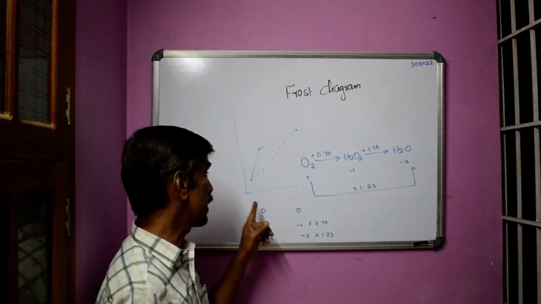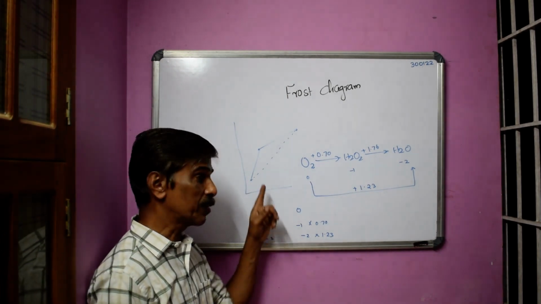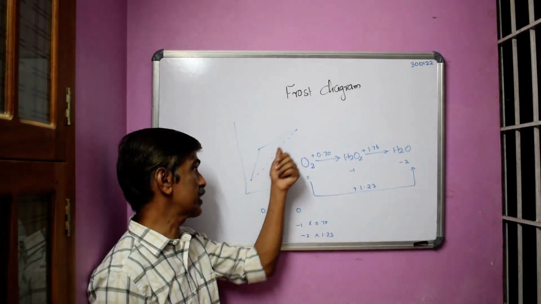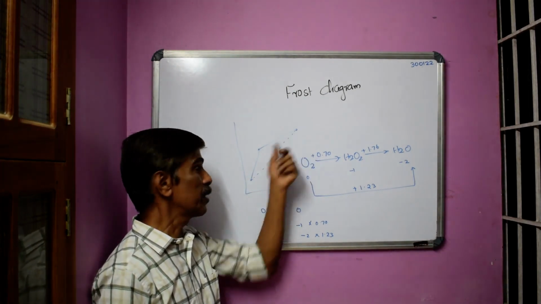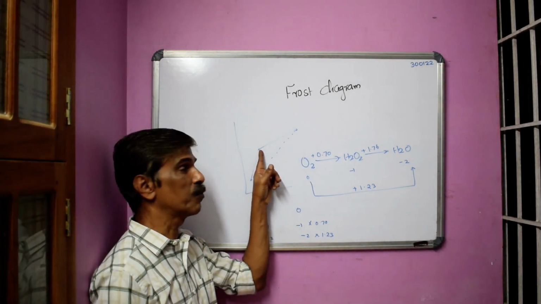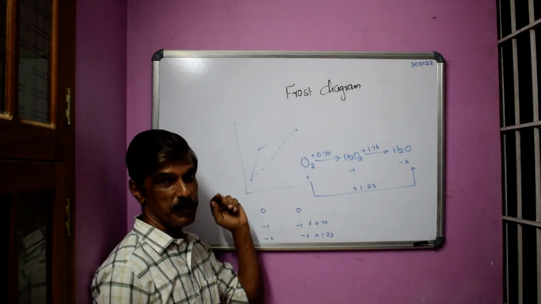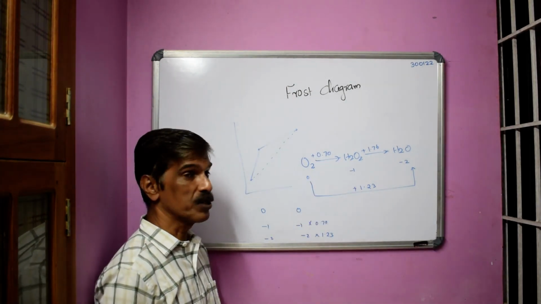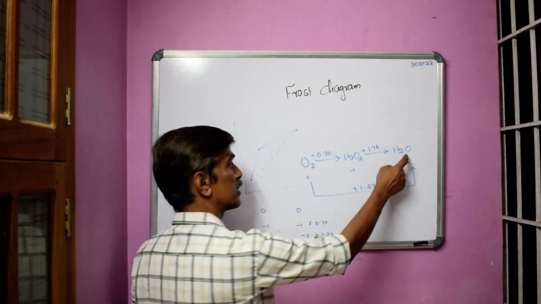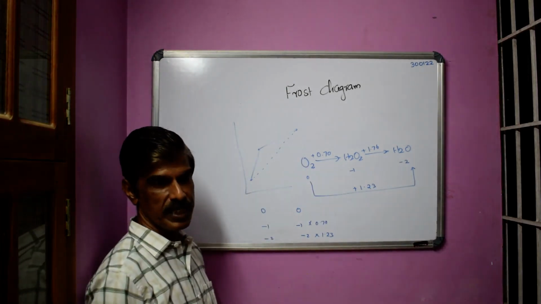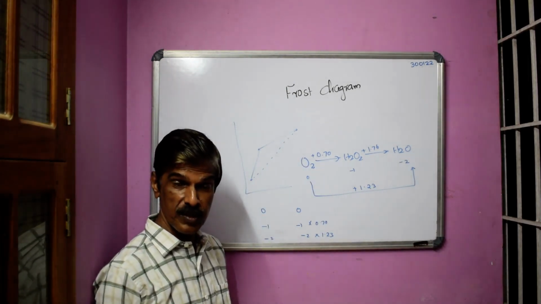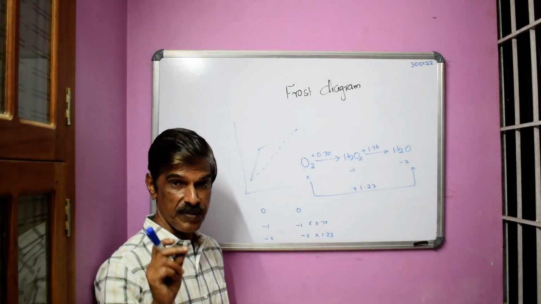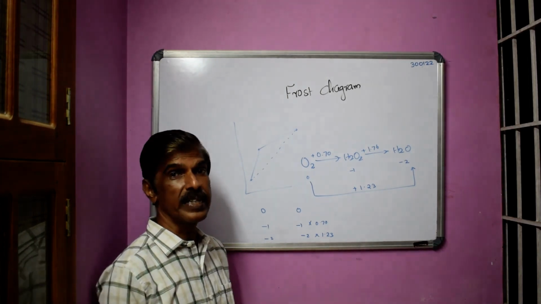ഈ കേസിൽ വരുമ്പോൾ we have also seen that if that particular point lies above the straight line that is connecting the two neighboring points, again this is liable to undergo disproportionation. എന്തായാലും you know hydrogen peroxide in water undergoes disproportionation into water and oxygen. Disproportionation എന്ന് പറഞ്ഞാൽ എന്തായിരുന്നു? That is actually the conversion of a species in which the oxidation state of the key atom has increased and decreased simultaneously.